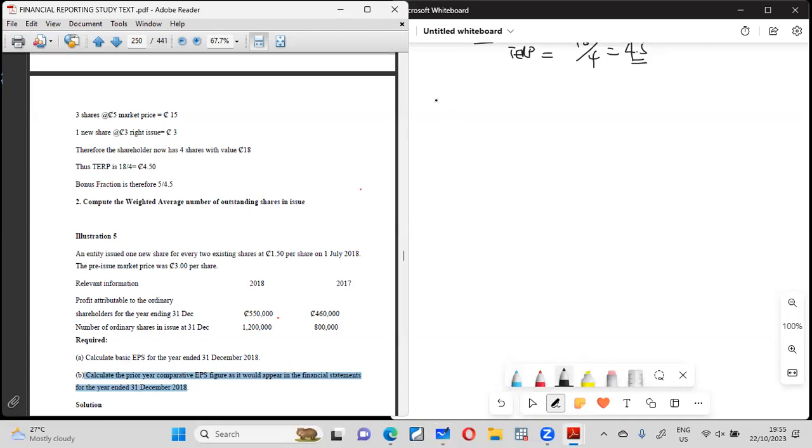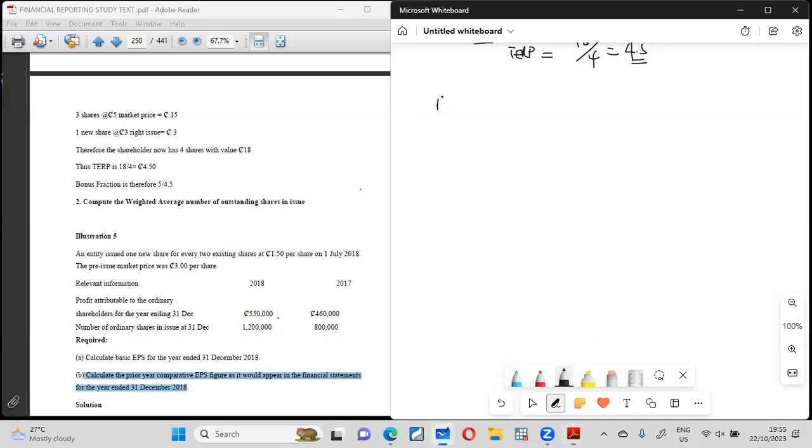We know our basic EPS. We already know the formula, but we need to find the variables. Since it's a rights issue, what we need to do is our rights fraction. What is our rights fraction?